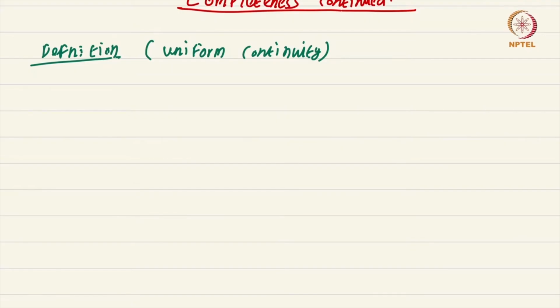So the definition is as follows: let X and Y be metric spaces.